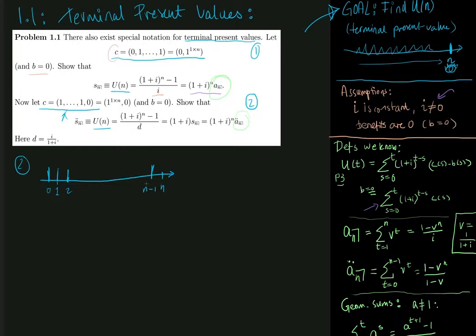And what that means is all of the payments have been shifted 1 time unit forward. So they would arrive in the beginning of the year instead of the end of the year.